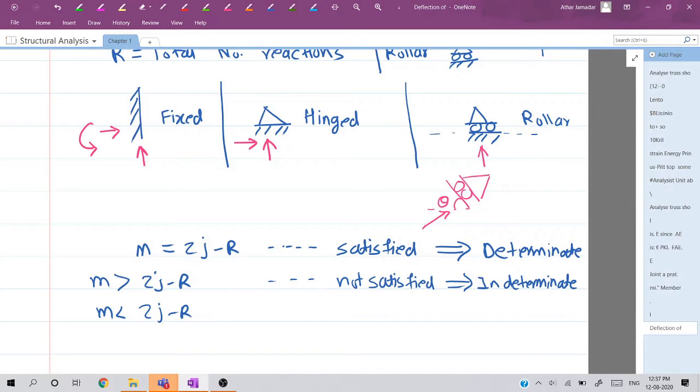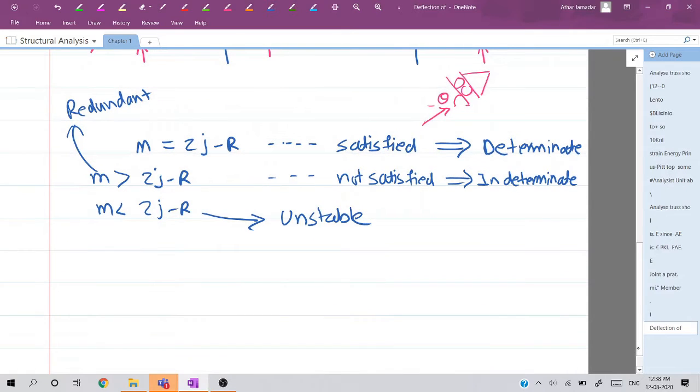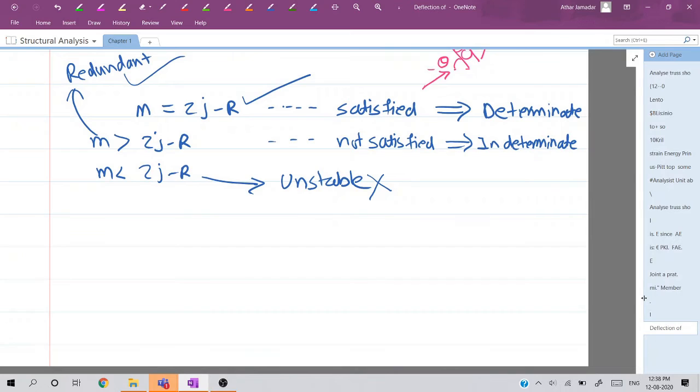If m is greater than 2j minus r, then the truss is known as a redundant truss. If m is less than 2j minus r, then that truss is called an unstable truss. Remember this. We will take one example of a determinate and an indeterminate truss and see how to determine that. Let us take one example like this.